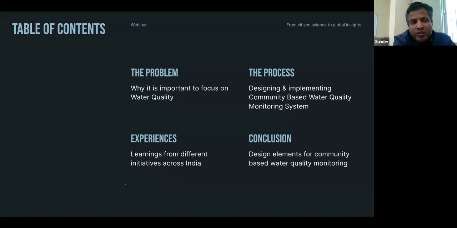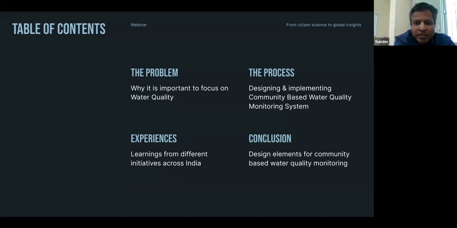I'll be talking about what we are learning from these different initiatives across India, the process that we follow, and also the experiences. Apart from that, we'll also bring in how there is cross-learning between organizations as a network within India to see how these community-led initiatives can talk with each other and work towards a larger purpose.